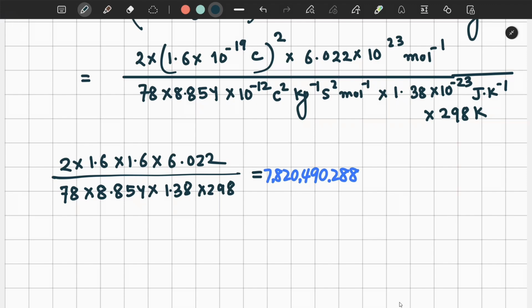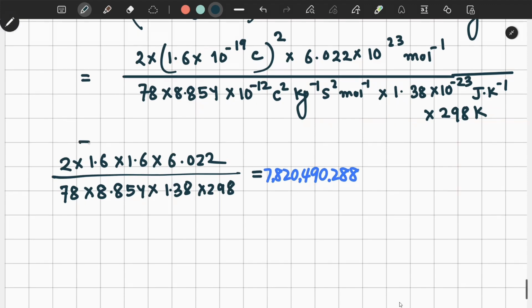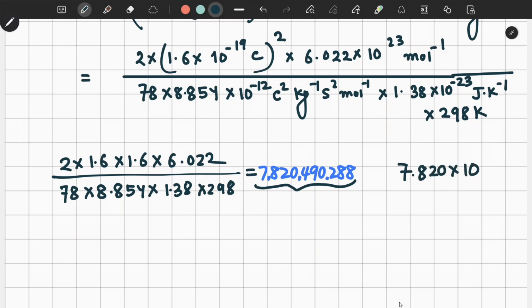You also check whether it is correct or not. 7.82 into 10 to the power 6.